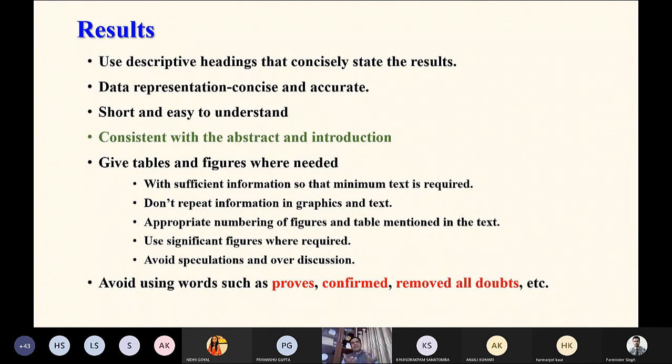We cannot include any table just because it seems interesting or easy for us. Whatever tables and figures we include in the results, we have to be very careful that they indicate the results we were supposed to identify, depending upon the research title, the research objective, and the research questions framed by us.